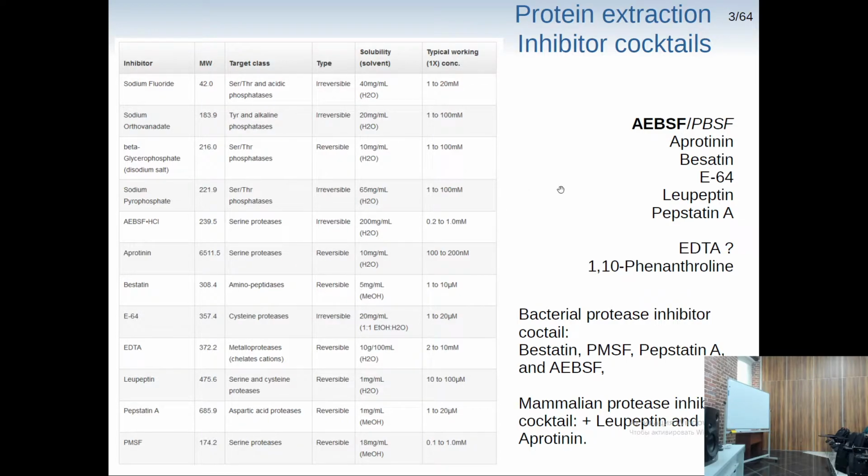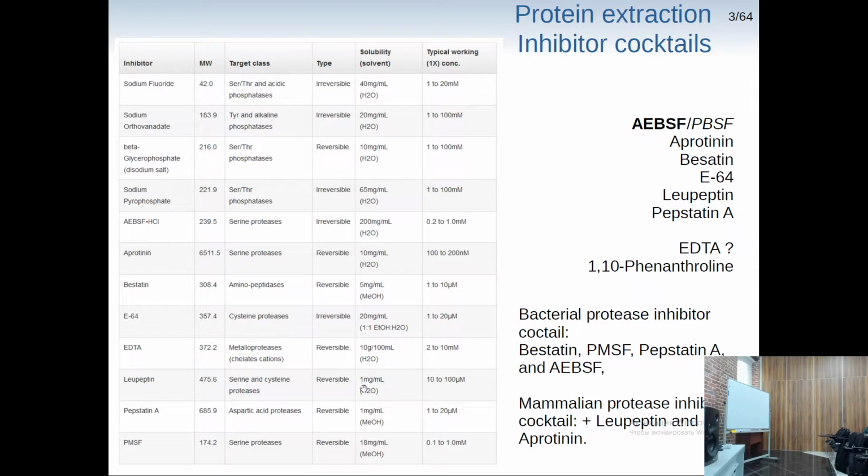And also there are some like PMSF, which is a really good serine protease inhibitor. Unfortunately, it's reversible. It is highly toxic. So some of them are really nasty substances. Also, some of them are soluble in water, and for some of them you will have to add at least some amount of methanol or ethanol to solubilize them.